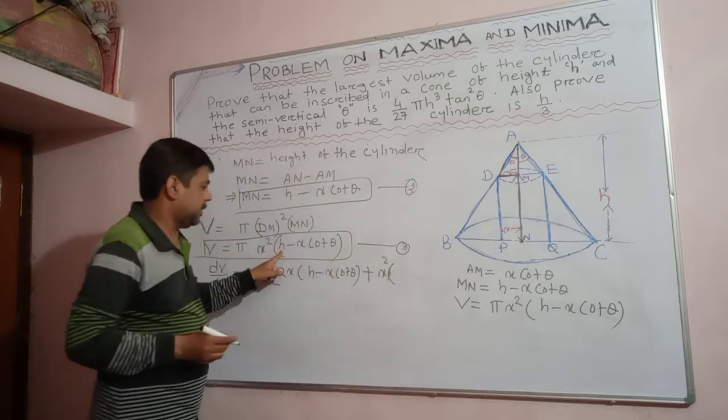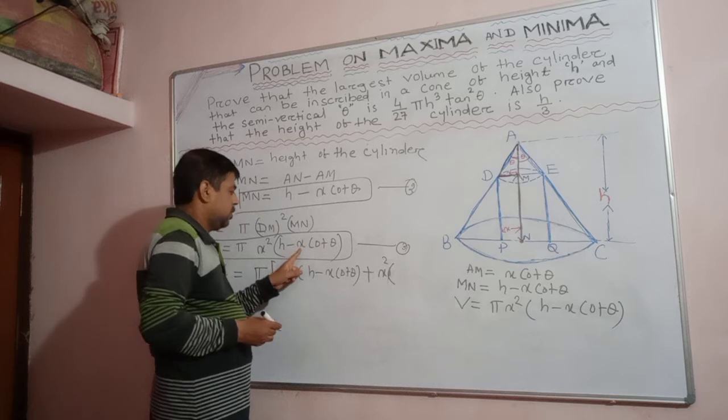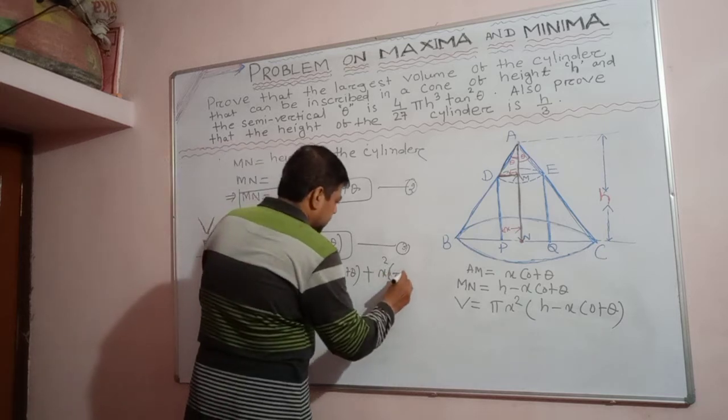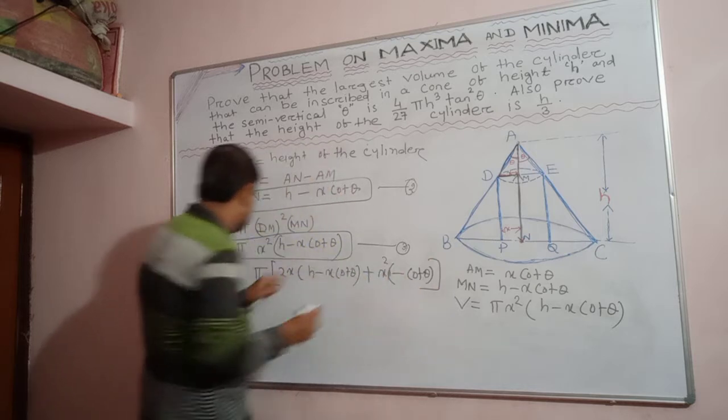Here the derivative of h is 0 because it is a constant, cot theta is a constant, and the derivative of x is 1, so it will be minus cot theta.